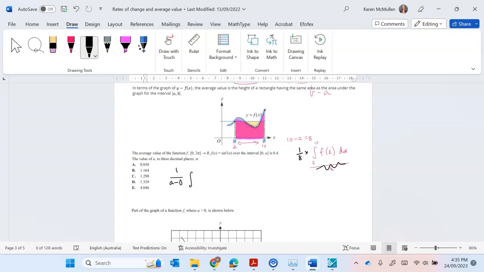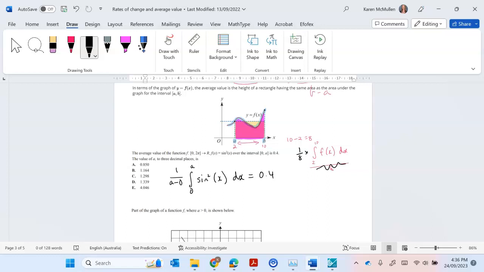Anyway, so from 0 to a, so in this case, a is our b. All right, so 0 being our lower limit, a being our upper limit. And then we've got sine squared x dx is equal to 0.4. The value of a to 3 decimal places is.